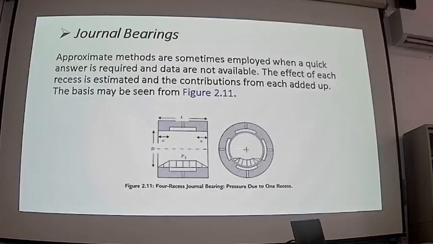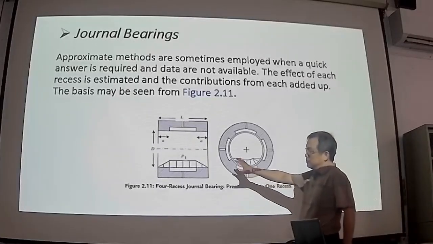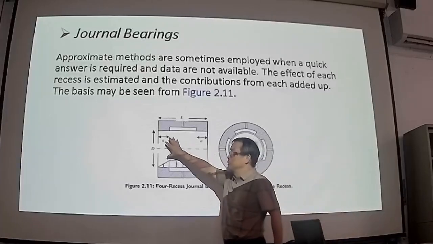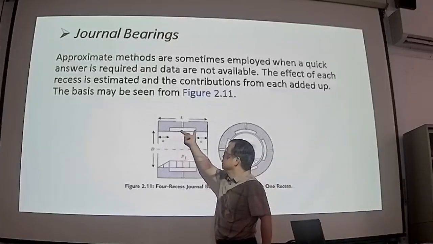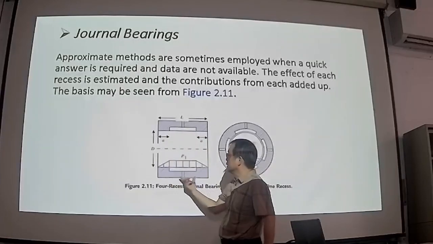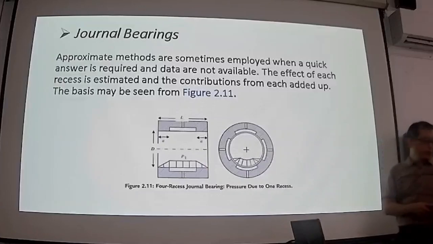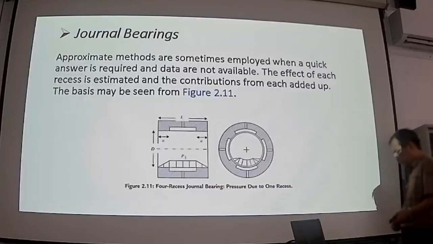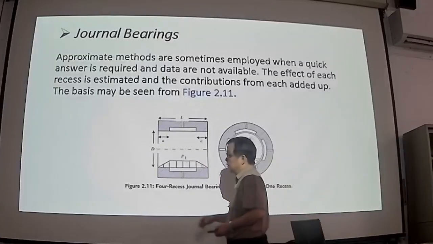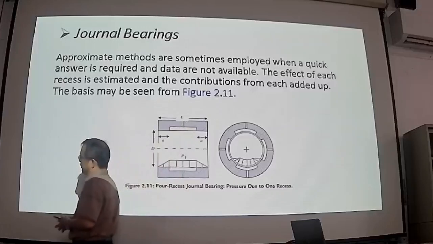Last week we talked about the diameter, the inner diameter here, and the length. So usually we design the journal bearing with the diameter equal to the length.